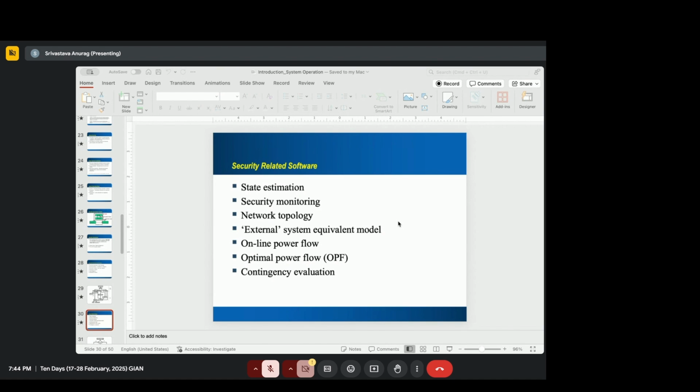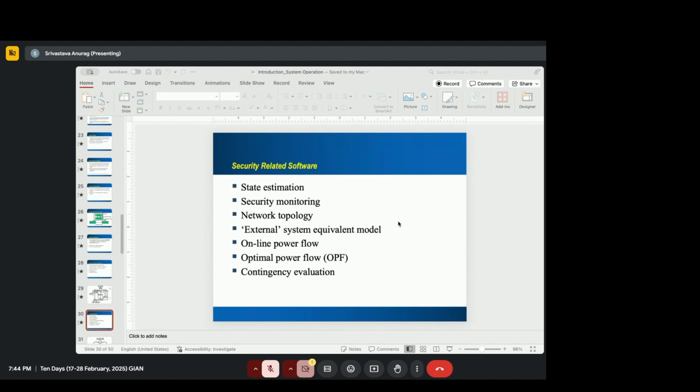Contingency evaluation requires a contingency list, right? What can go wrong, right? It also requires the network. It also requires load forecasting. It also requires the status of generation. It also requires what violations they are looking for, right?